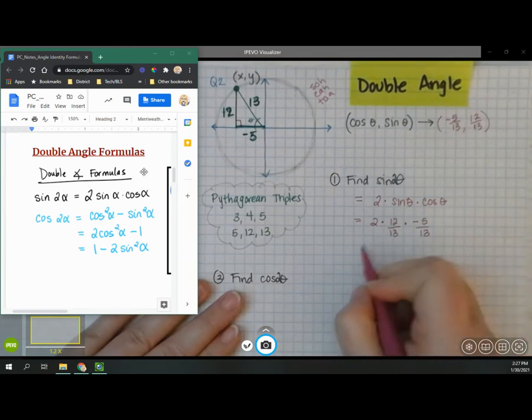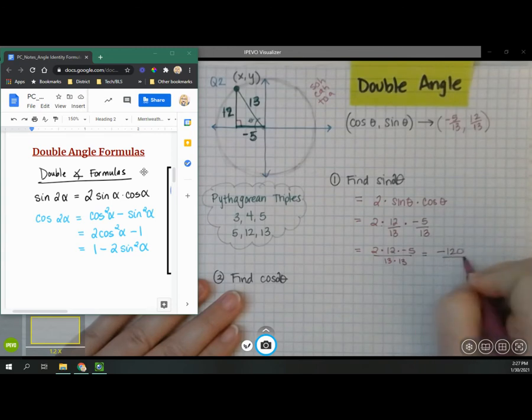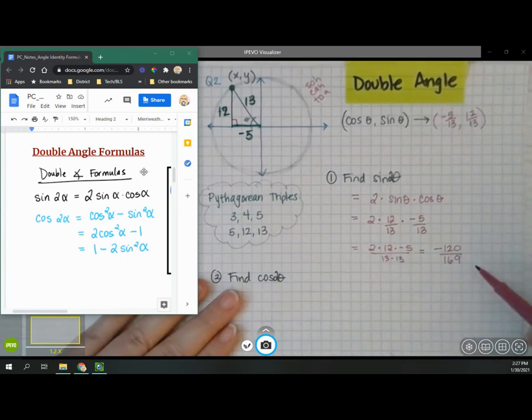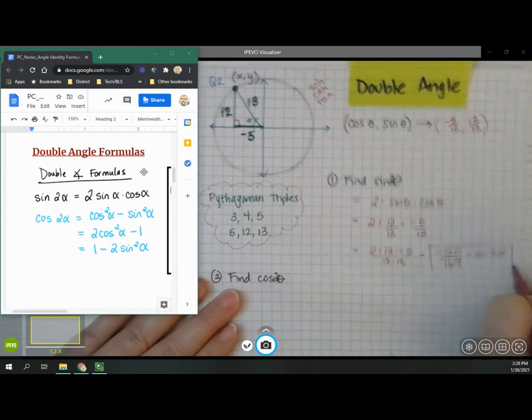When we multiply fractions, we make sure that we multiply our numerators and our denominators. My final answer being -120 over 169. Notice there's no reducing that I can do here, so this is going to be my final answer for sine of 2 theta. And I'm just going to box up my answer.